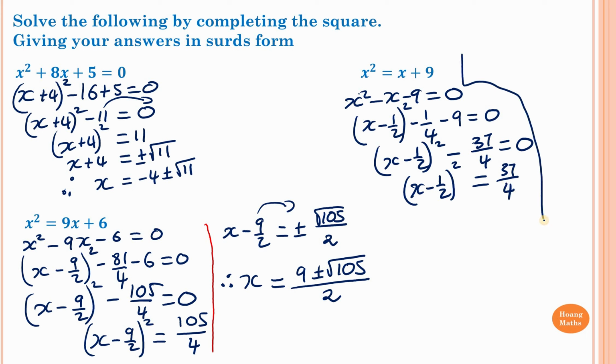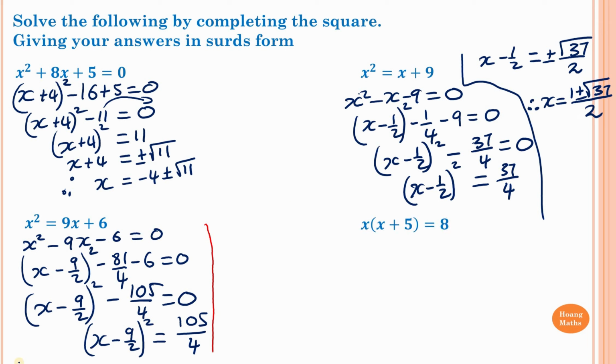So if I square root both sides, I just write up here because I run out of space. So this means that x minus a half is equal to plus or minus the square root of 37 over the square root of 4, which is 2. So therefore, x is equal to 1 plus or minus the square root of 37, over 2.